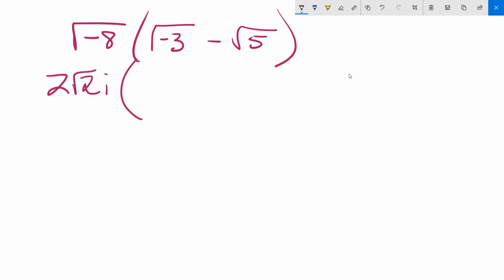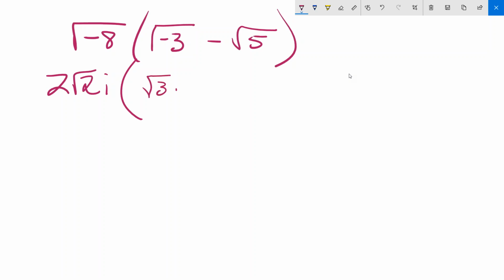How about the -3? What's that? Can you distribute that into the next? Yeah, but hold on. Let's change the -3 to what it should be. Would that just be root 3i?